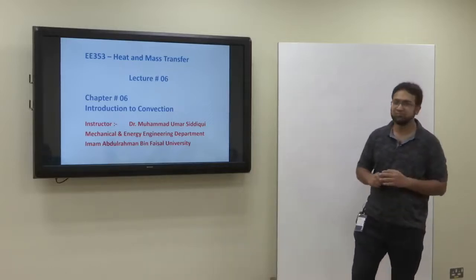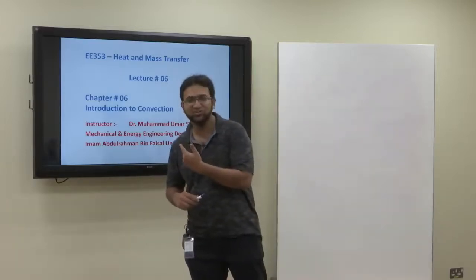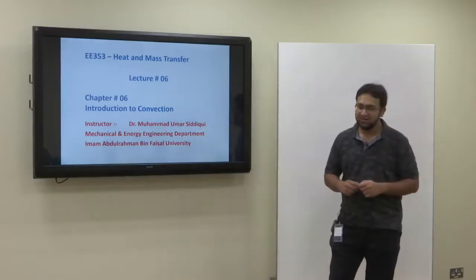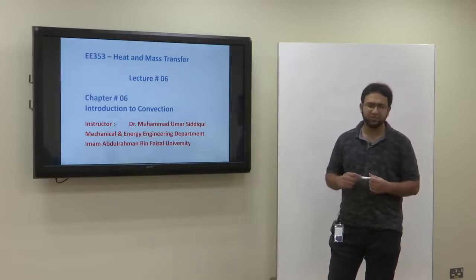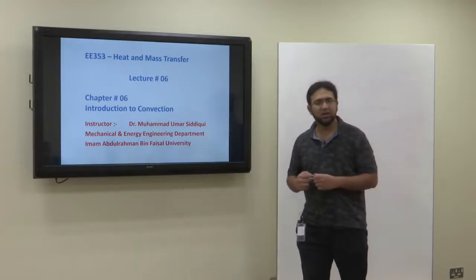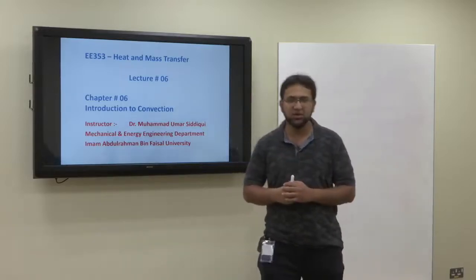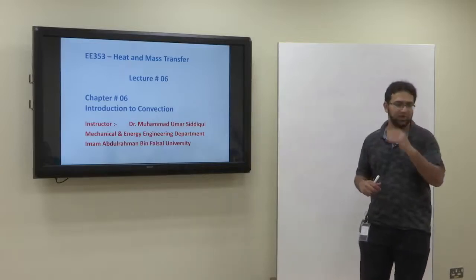In chapter number 6, we will have an introduction to convection, like we had the introduction to conduction, and from here onward we'll move. In chapter number 6, you have some things which are actually a part of fluid mechanics, not heat and mass transfer, so we're going to move a bit quickly through that.